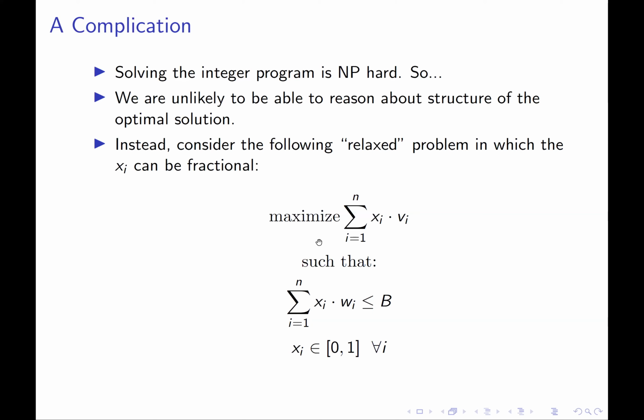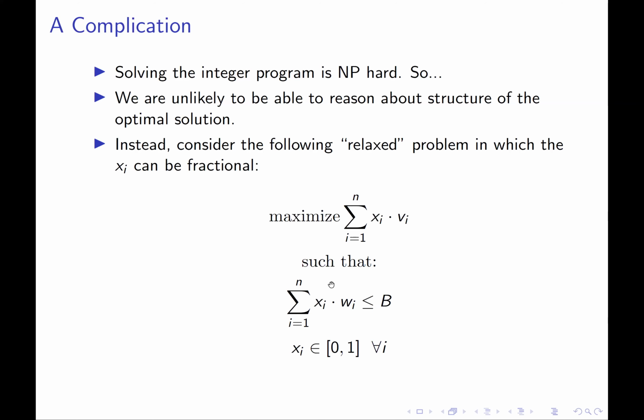If I'm trying to sell airline seats, I'm not allowed to say, here's a third of an airline seat, please pay me a third of your money. That wouldn't be a good solution. But even though we don't have any interest in solving this problem, it turns out that the optimal solution to this problem has some very nice structure, and we can make use of that.